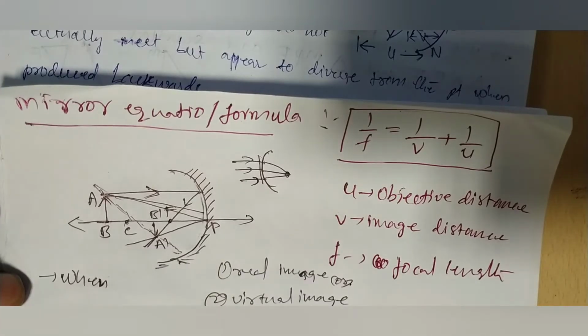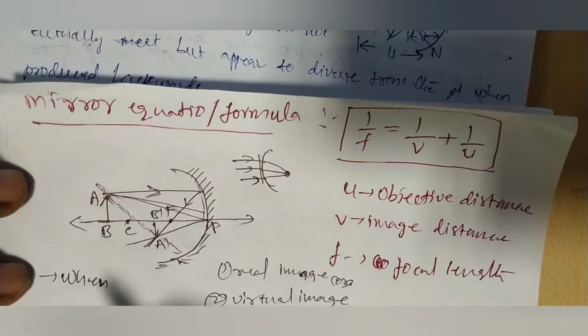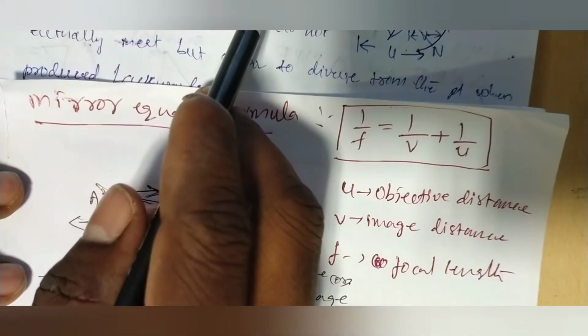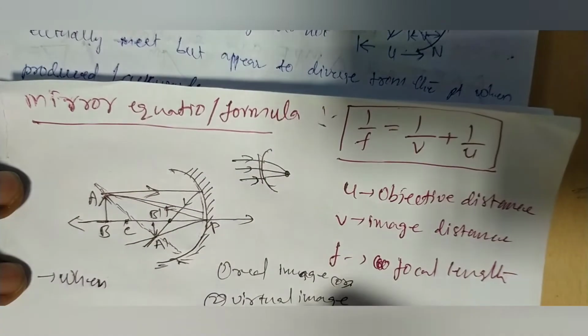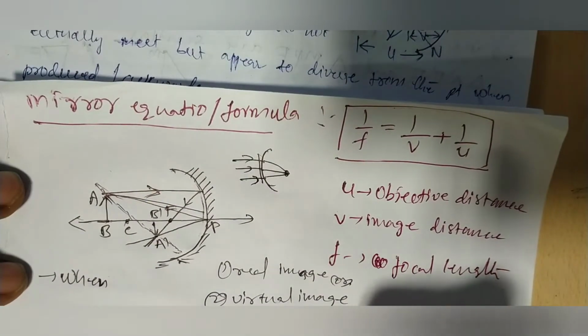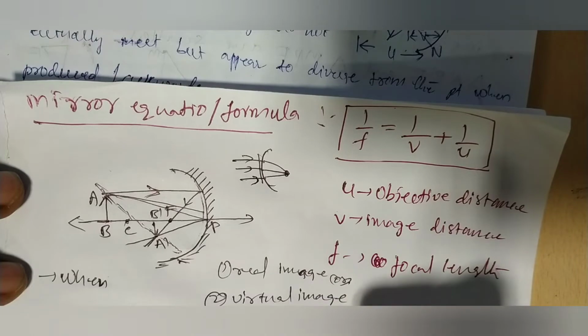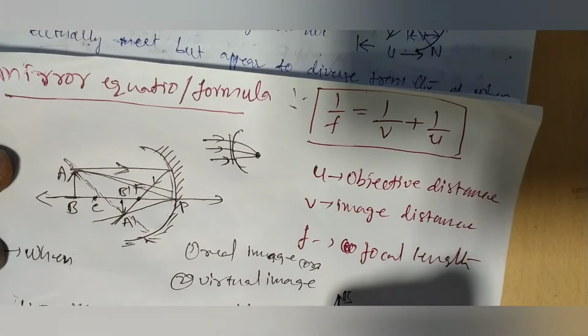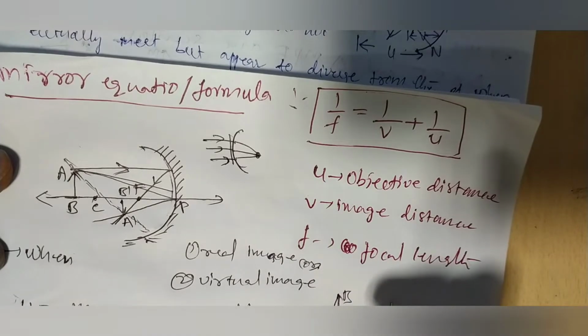Now, it is a real image if the rays actually converge at that point. Suppose AB is the object, it can form the image A dash B dash.